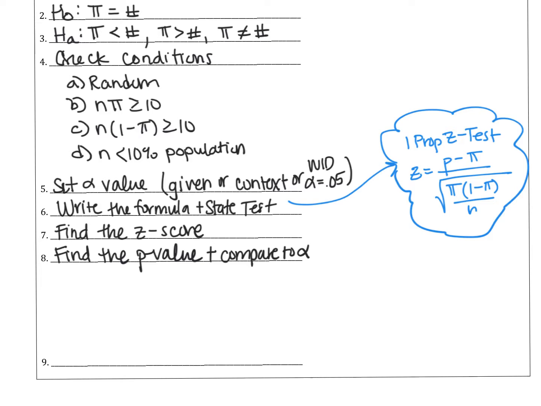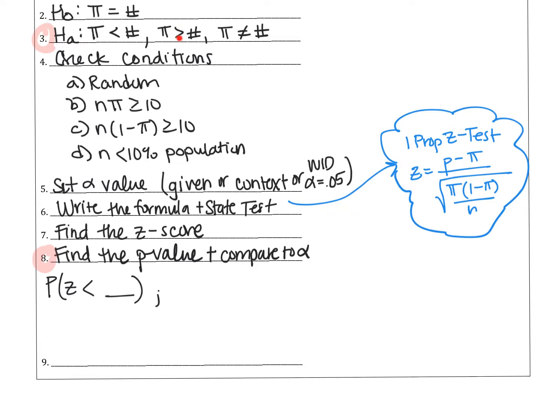Now, the sign in your probability statement in step 8 should match that in step 3. So for instance, if you're saying that pi is less than the hypothesized value, you're going to be looking at the probability of the z-score being less than whatever value you found in step 7 will go here.